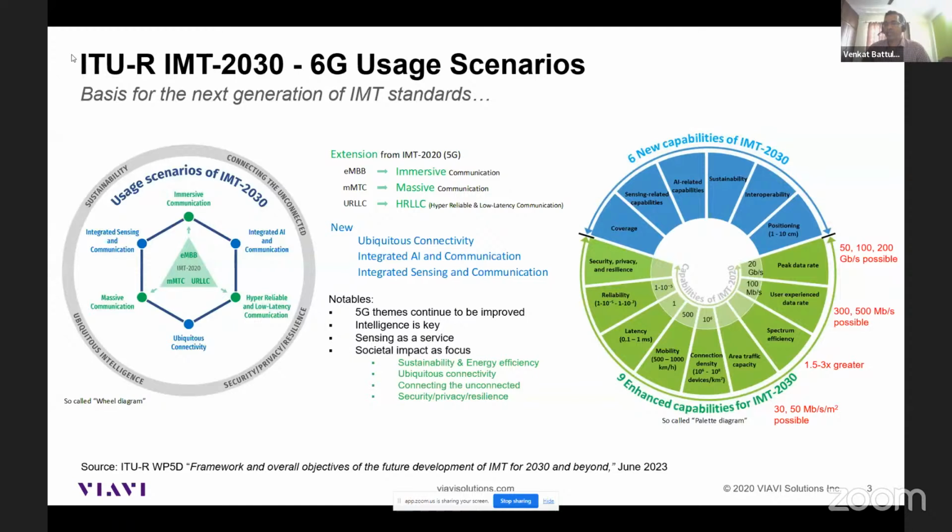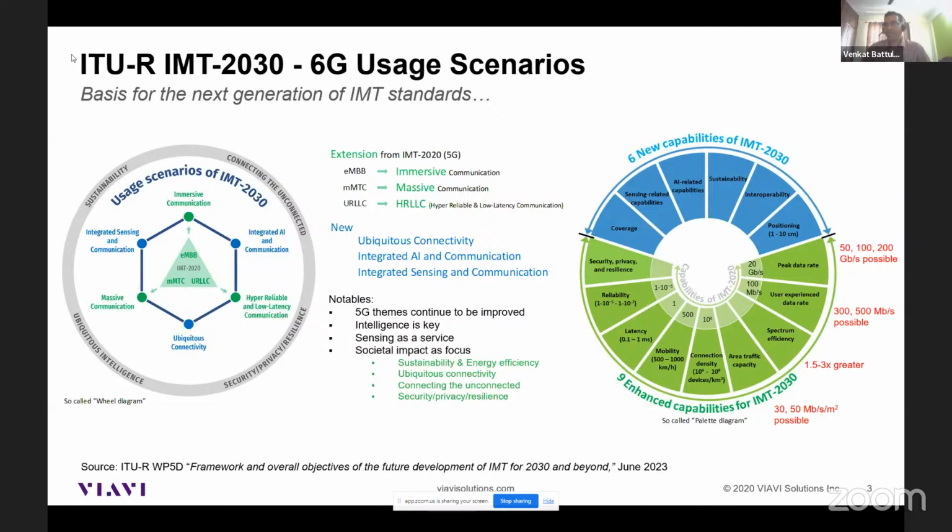That's why this is now being taken as a very important use case. How much does the user actually experience? Yes, we talk about megabits per second, terabits per second, but does the user actually experience all this? That's an aspect we'll talk about later.